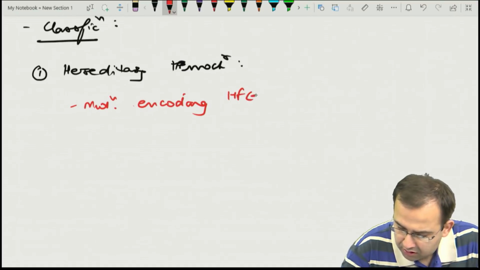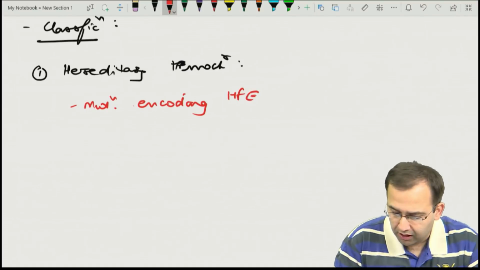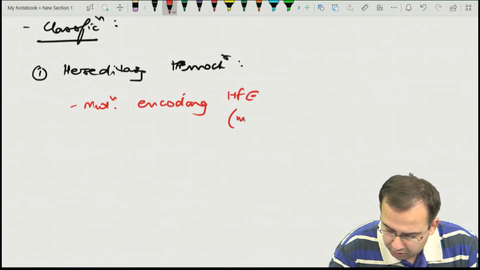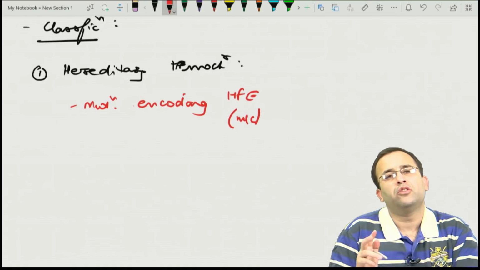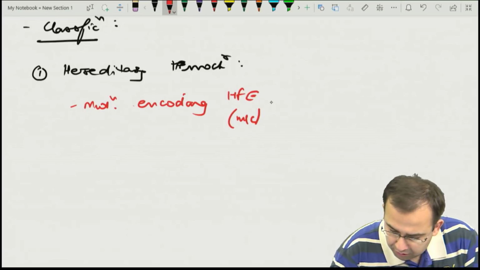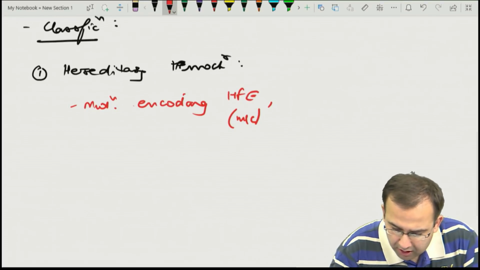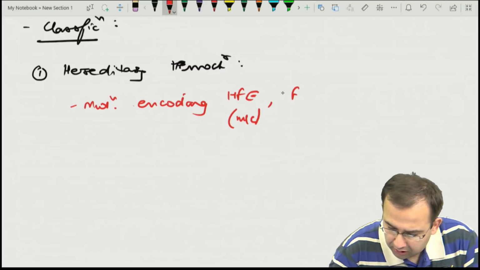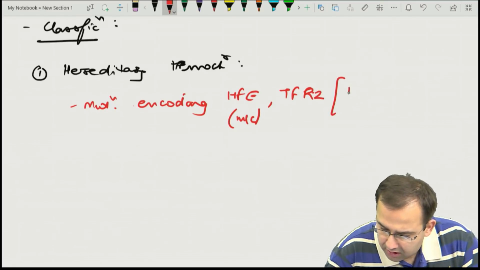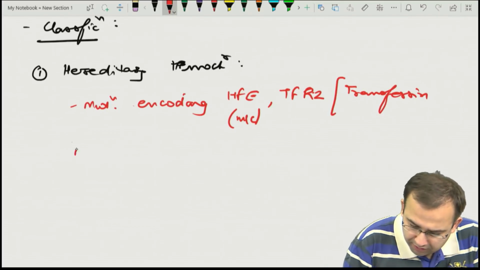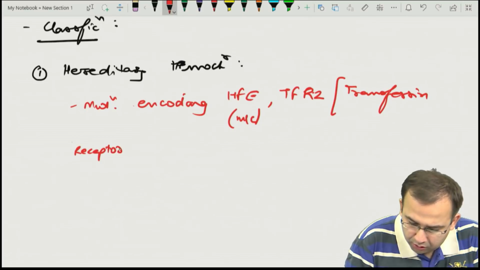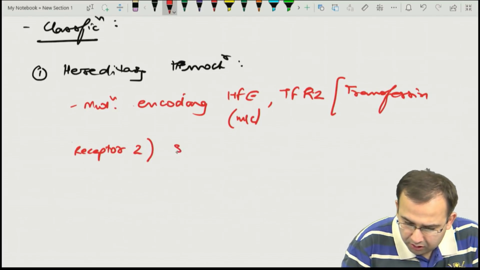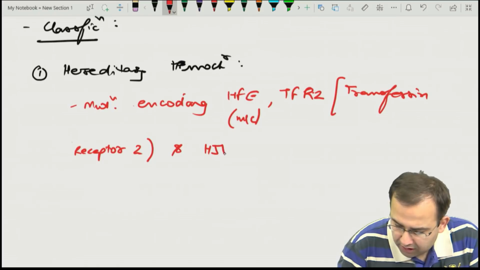We have already seen that this is the most common gene mutation, present on chromosome 6p. We have also seen mutations encoding the TFR2 gene, that is transferrin receptor 2 gene, and HJV.